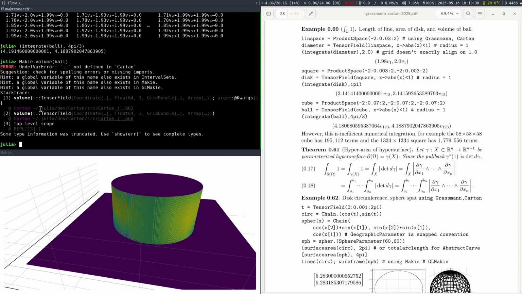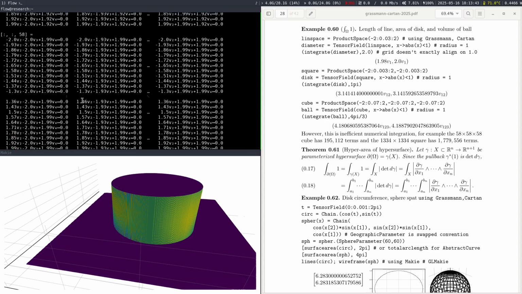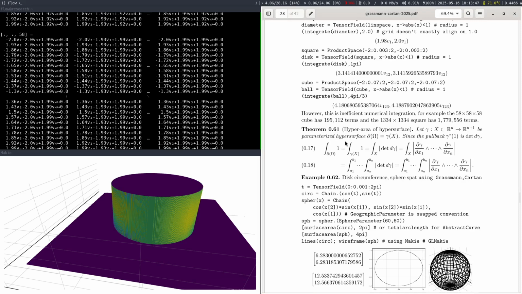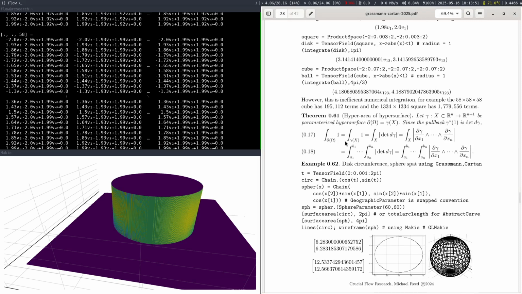Oh, I may have to... Oh, I was working on that the other night. Anyway, we don't need to visualize the ball right now. It's not a big deal. But I thought I set that up correctly, but that'll be fixed in the next version. It's always an easy fix. It's no big deal. It's going to be working.